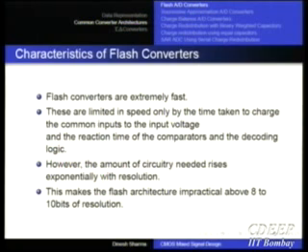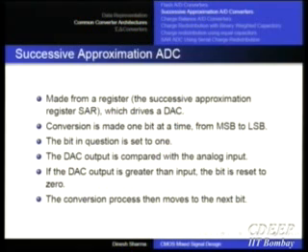On the other hand, they are about as fast as they can be. So then what is my next choice? Suppose I need a higher resolution than 8 to 10 bits, and perhaps I don't care so much about speed. By the way, just to give you an idea, the conversion rates that you would expect in case of flash converters would be much in excess of say 100 megasamples per second.